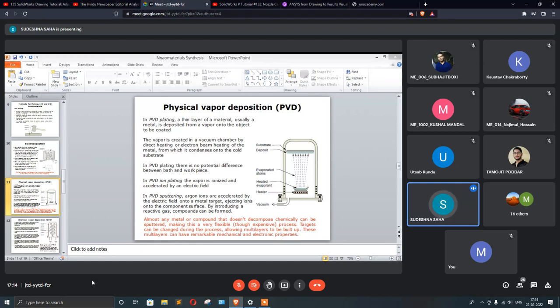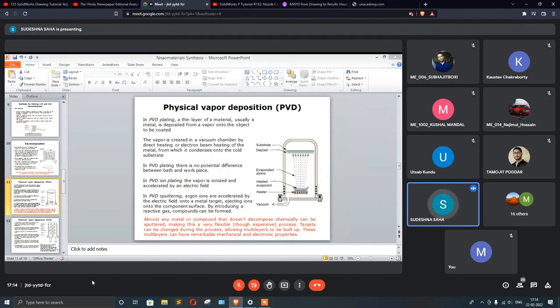Now you just heat it up. The vapor is basically being created in a vacuum chamber by directly heating it, or by electron beam heating of the metal, and this condenses onto the cold substrate, and that is basically physical vapor deposition.